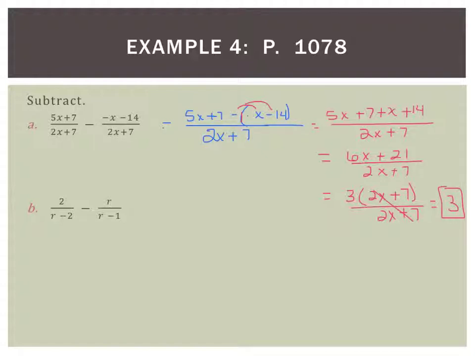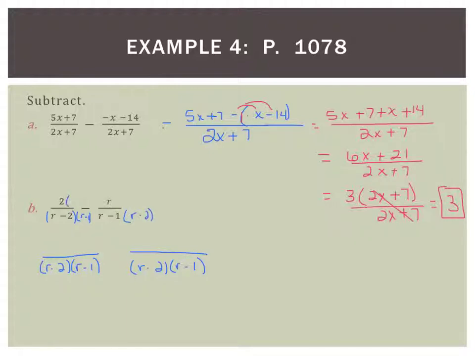Then on B, I have 2 over r minus 2 minus r over r minus 1. So my common denominator is going to be the product of those denominators. So r minus 2 times r minus 1. So that means I'm going to multiply this first one by the r minus 1 and the second one by r minus 2.